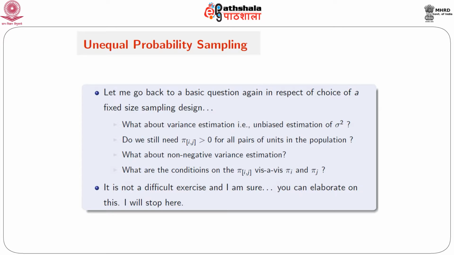For estimation of the variance of the Horvitz-Thompson estimator, there you need pi i pi j greater than or equal to pi ij. That extra condition also creeps in. Of course, that is a sufficient condition, but that helps. On the other hand, for unbiased variance estimation, pi ij positive immediately ensures that we have a non-negative variance estimate. I think I will stop now.